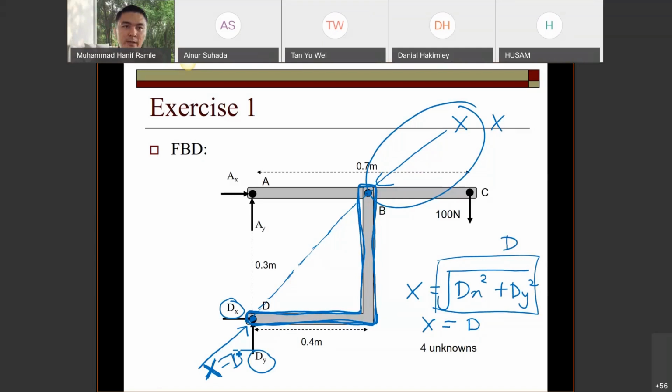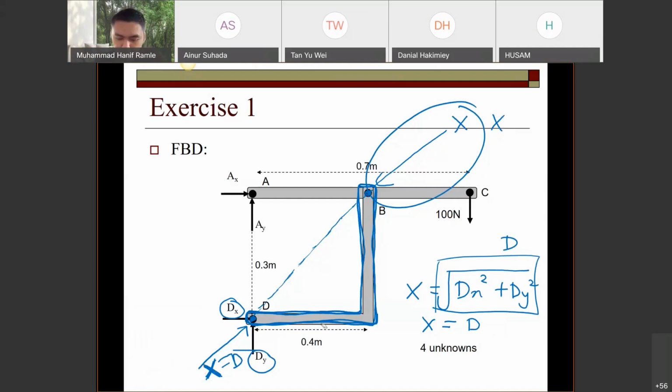That's why in the beginning I put just straightforward D. I changed it to avoid confusion and to make a more explanation about it. In the beginning it's X, but later on it will become D because of the existence of dx and dy.